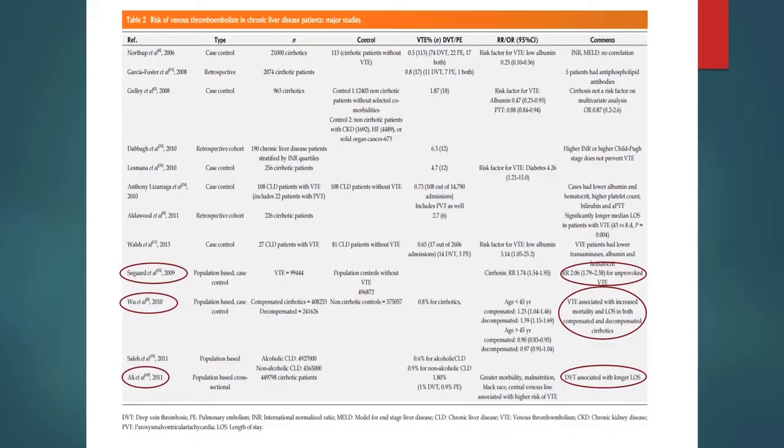The 3 that I highlighted are population-based studies, so they're huge. They have a lot of patients that they studied. I don't see the exact number, but it's like thousands of patients. And they were able to determine that these patients, who have, as I said before, between 0.5 and 8% of DVTs and PEs, have a mortality that is significantly higher than regular patients.